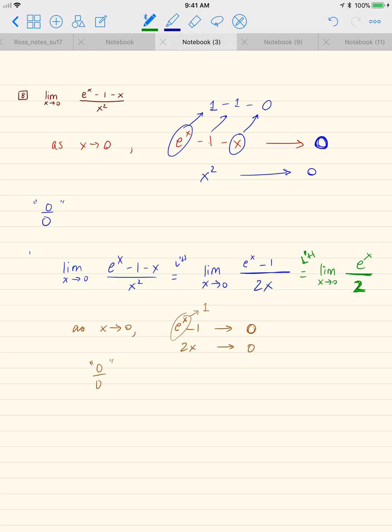And now, as x goes to 0, the numerator, e to the x, is going to go to 1, and the denominator is just going to stay at 2. So this limit is equal to 1/2. Okay, so that's our final answer.